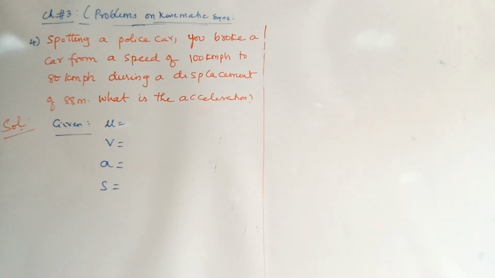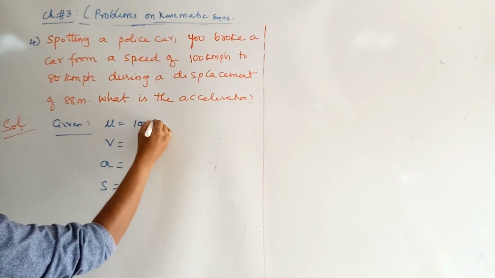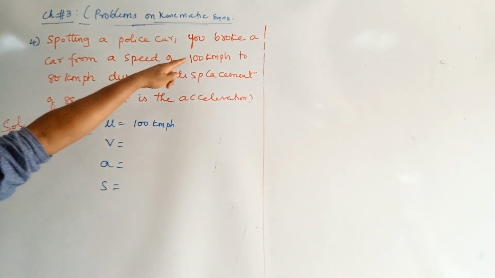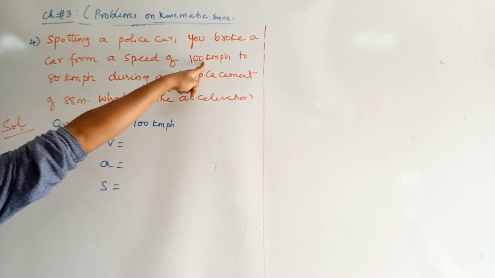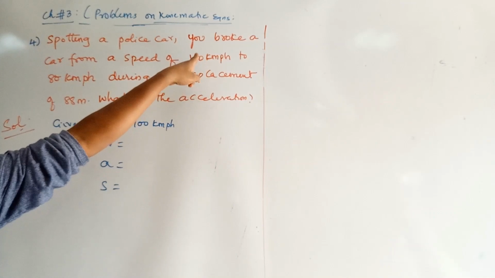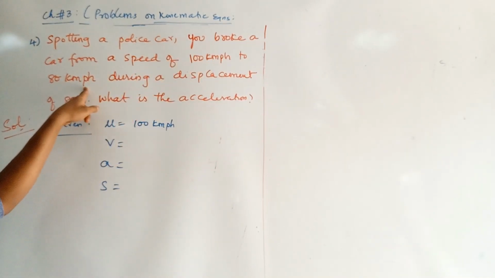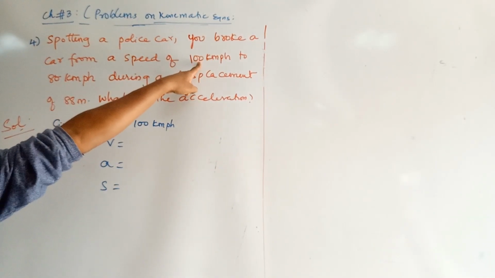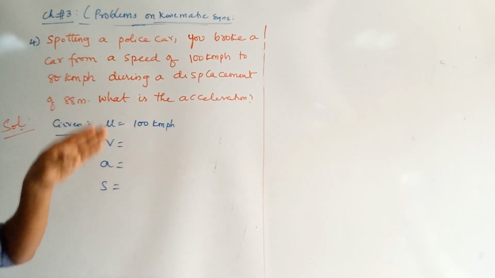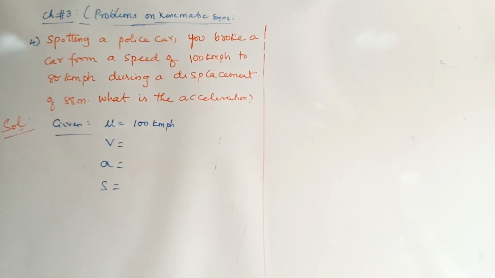What are the various things present here? These are the terminologies you use. You brake a car from a speed of 100, so the initial velocity is 100 kilometers per hour, and 80 is the final value. Initially it is 100 and after some time it is found to be 80. This decrement of velocity results in deceleration or negative acceleration.